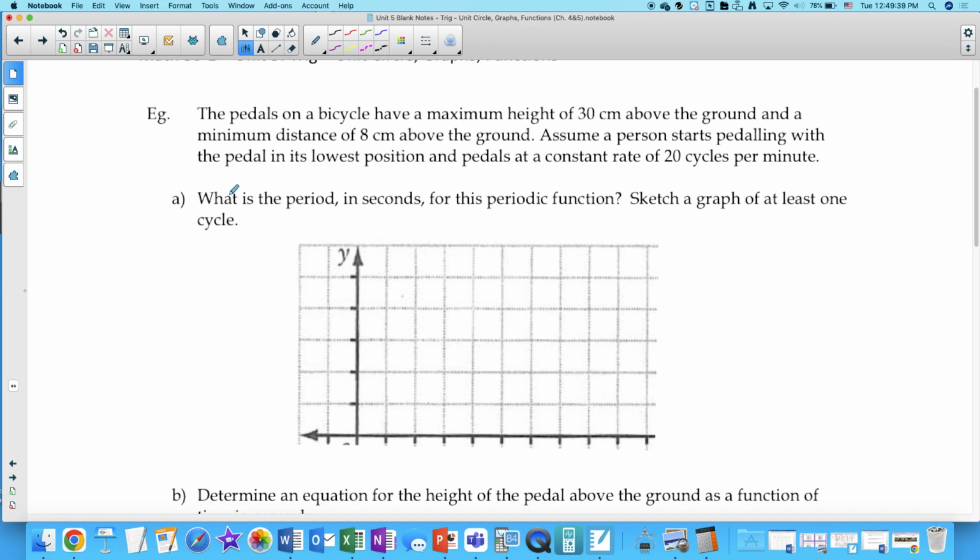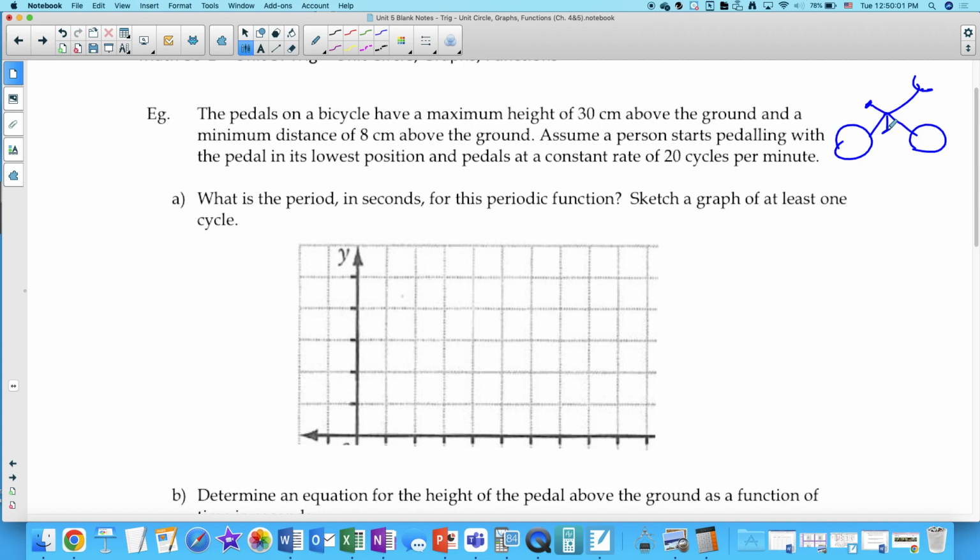If you think about pedals on a bike, I can't draw, but I'll do my best. There's the handlebars, the pedals come down here and they cycle. They go in a circle. So the pedals go on a cycle.